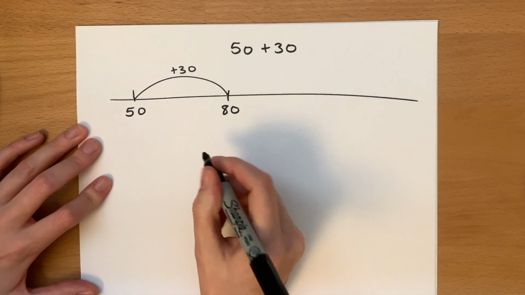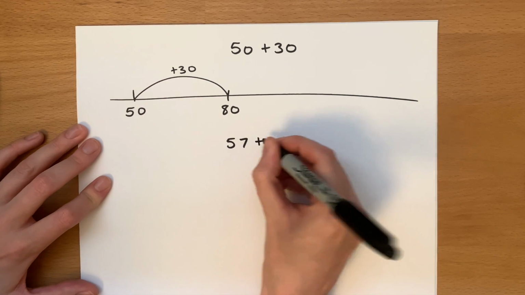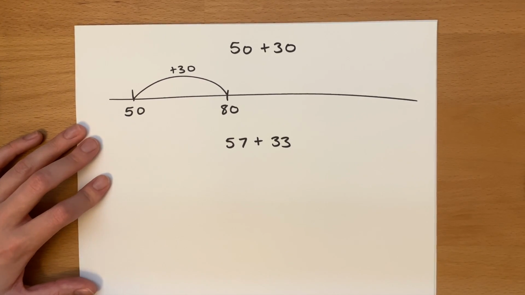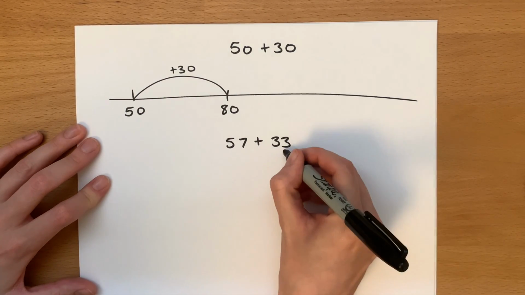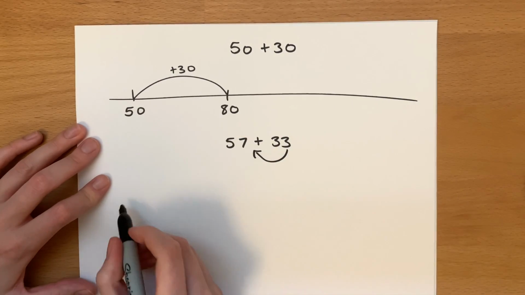And the next equation I'd like you to solve is 57 plus 33. There are different ways to solve this equation. The way I'm going to suggest is you could take 3 from the 33 and give it to the 57.